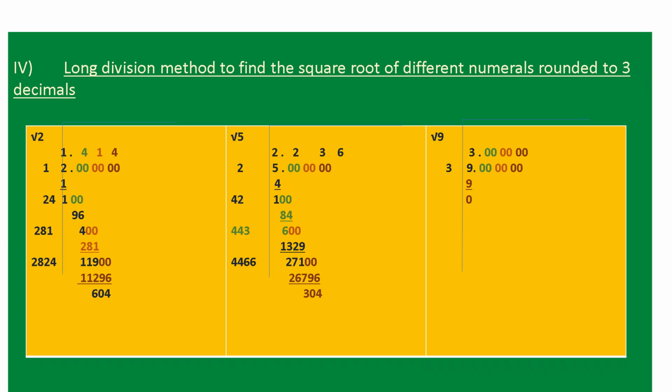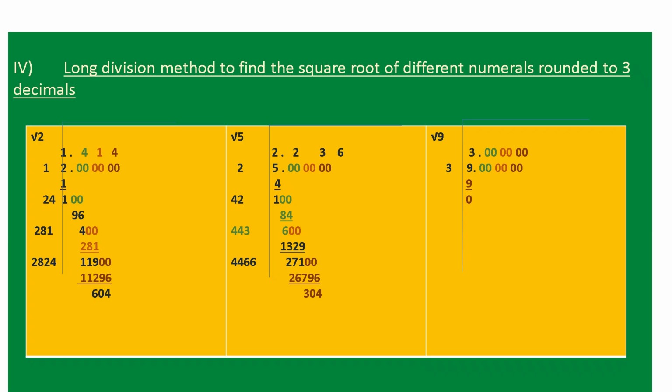The remainder now becomes 4, bringing down 2 zeros. Why? It's a long division method to find the square root, so I will bring down the numbers in sets of 2. This becomes 400. Till now, what was the quotient? It is 14. This 14, you multiply by 2 to get 28. But the number I have written here is 281.